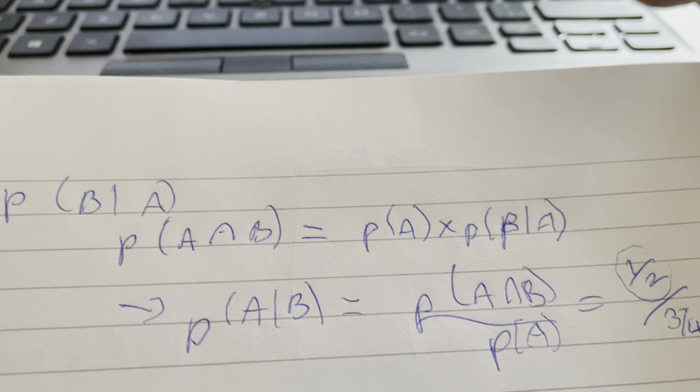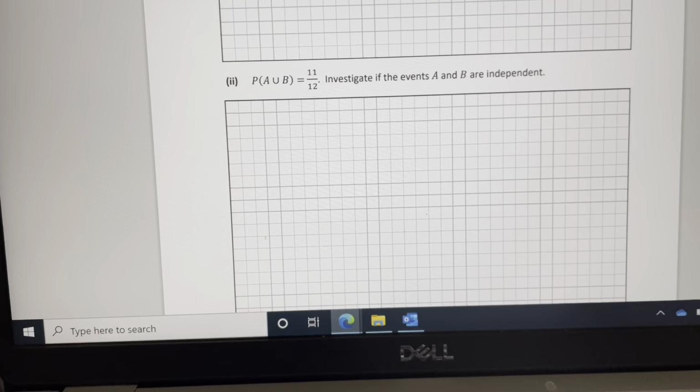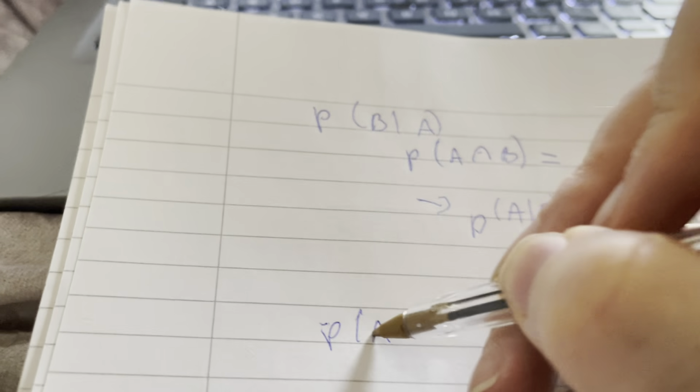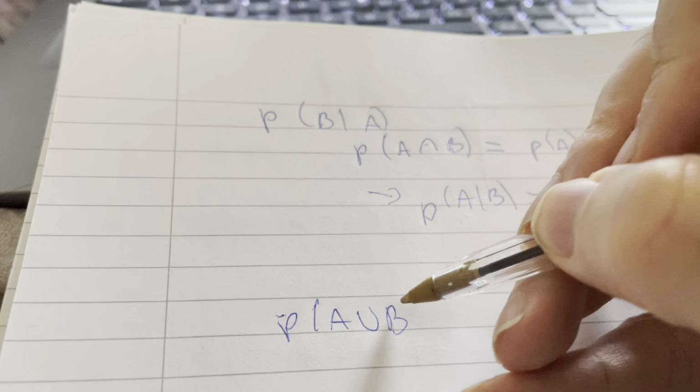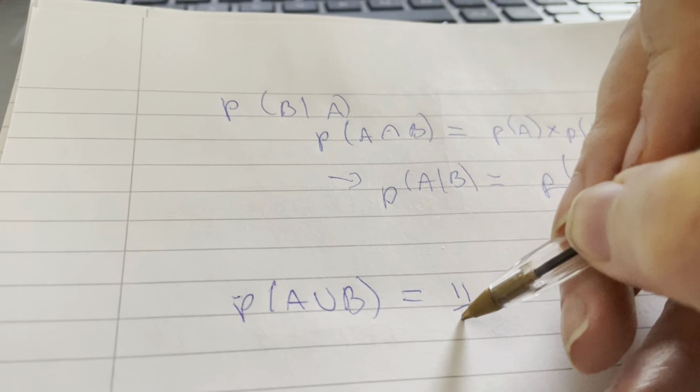So right, now we have the probability of A union B, so A or B, is equal to 11 over 12.